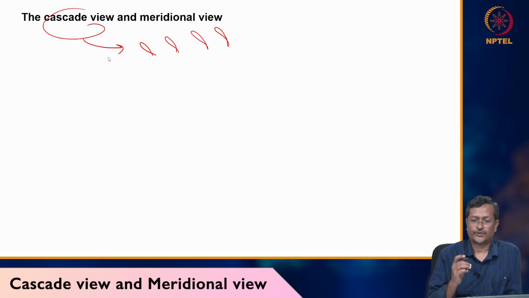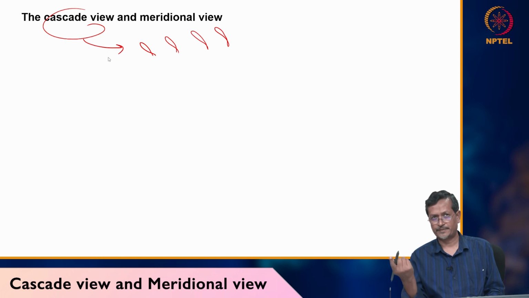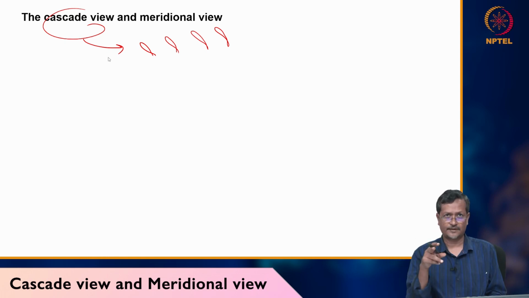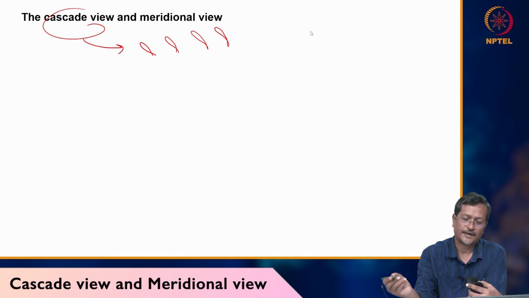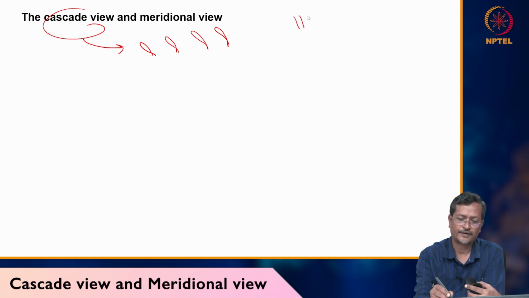What is rotor? Rotor means, as in a pump, you can remember, rotating, and stator means not rotating, static. So one turbine also will have rotor and stator. Why? Say I have fluid flow coming from here. Now I have one stator here, and I have a turbine blade here.